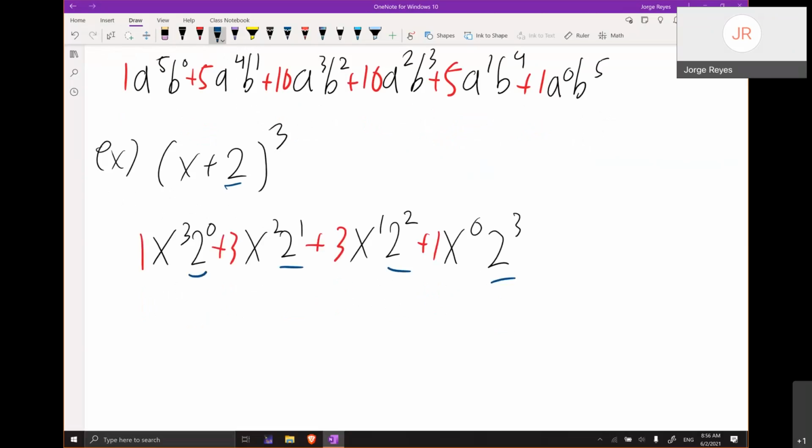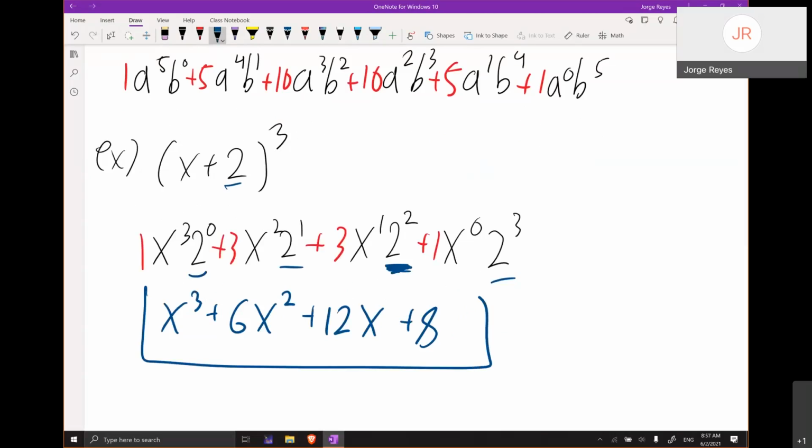So if you simplify this, this is going to be x cubed. This is going to be 2 times 3. So I get a 6 here. This is going to be 4, right? Because 2 squared times 3. That's 12. And then this is going to be 8. Because 2 cubed is 8. And x to the 0 is 1. Okay, so there you go. This is actually the answer.